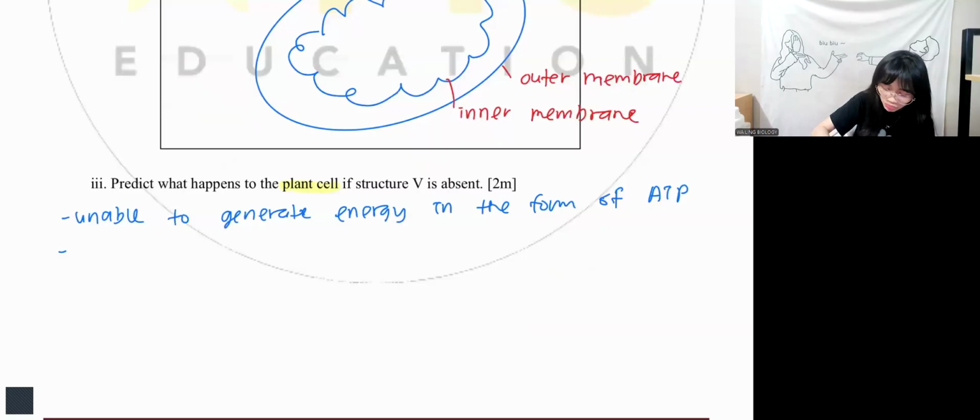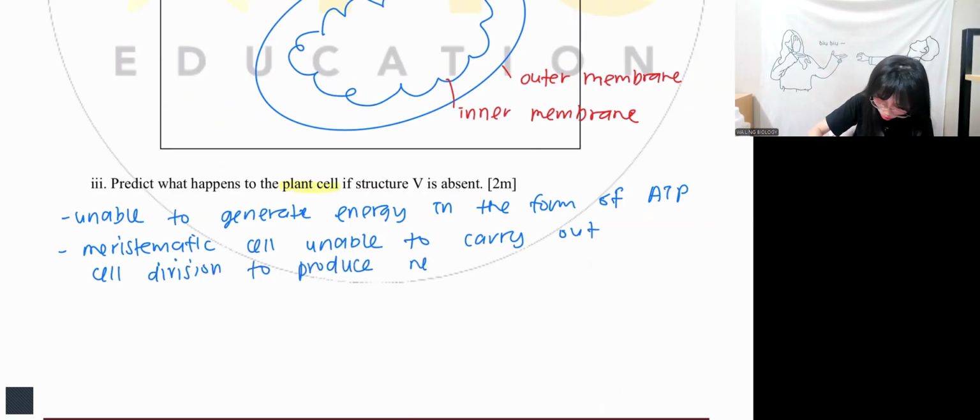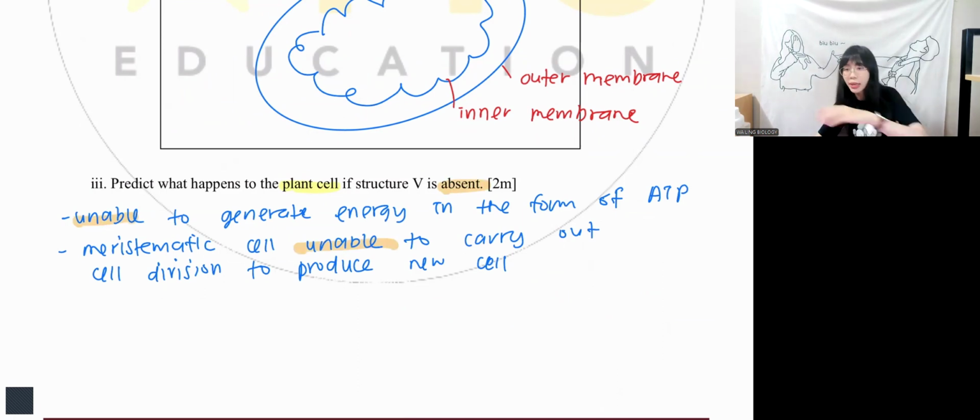Next, you're going to write meristematic cell unable to carry out cell division to produce new cells. So always remember, for absence, we have what? Unable, cannot. Exam drawing needs to use pencil.